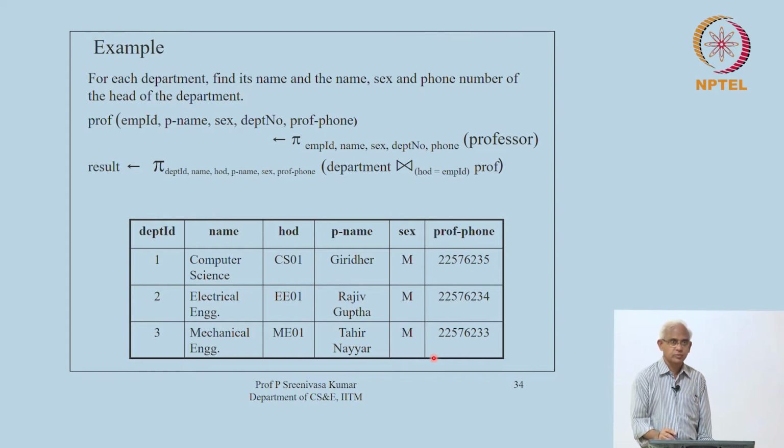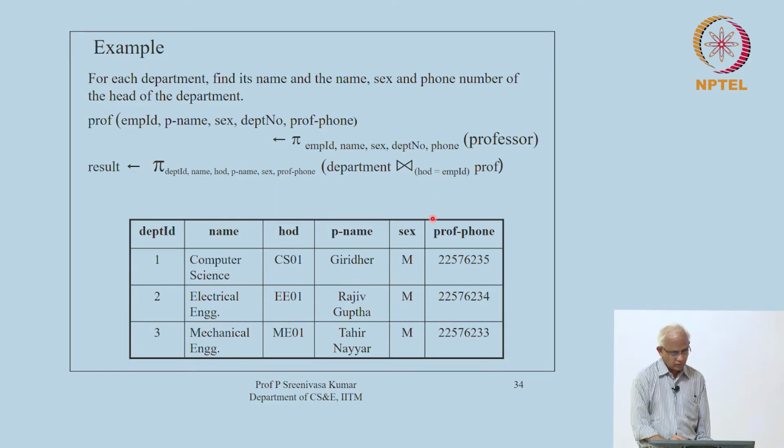If you do not have the join operation, then we have to do a cross product and get all possible combinations of department and prof, followed by a selection condition. That is how we would have done it without the join operation. The join simplifies the expression.